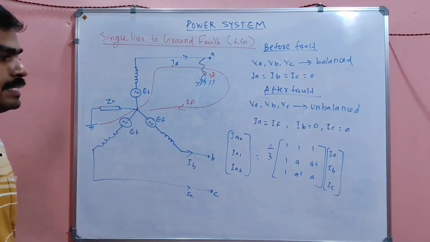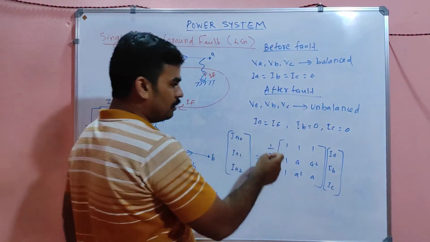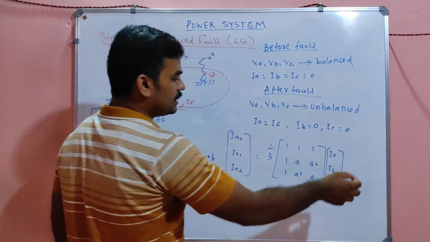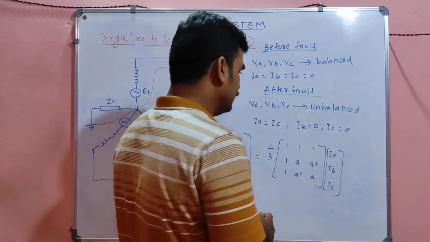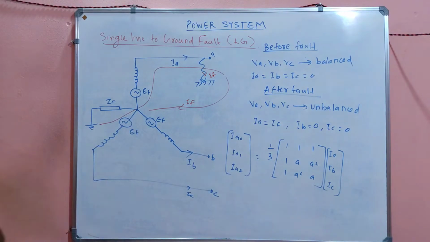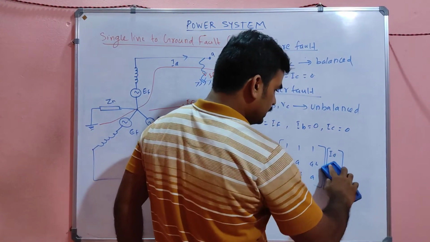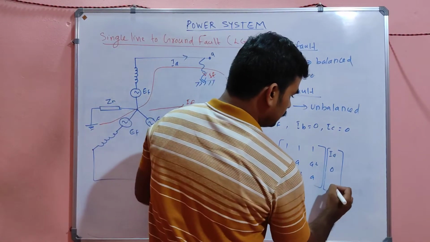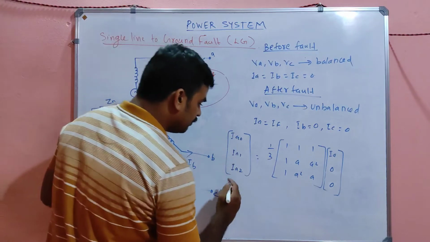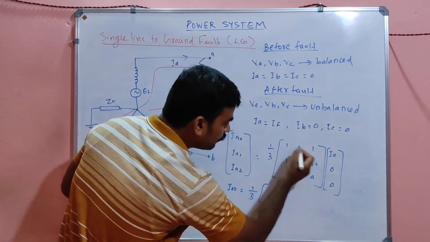So IA0, IA1, IA2 can be calculated from this. What is the value of, my dears, IB and IC? Is there any IB and IC now? No. That is 0. So find the value of IA0 now. 1 by 3 into IA.